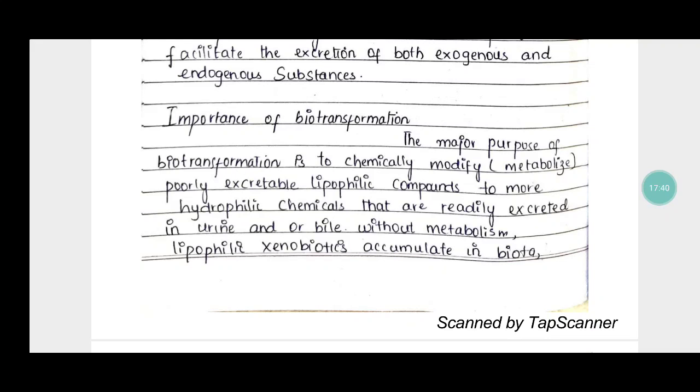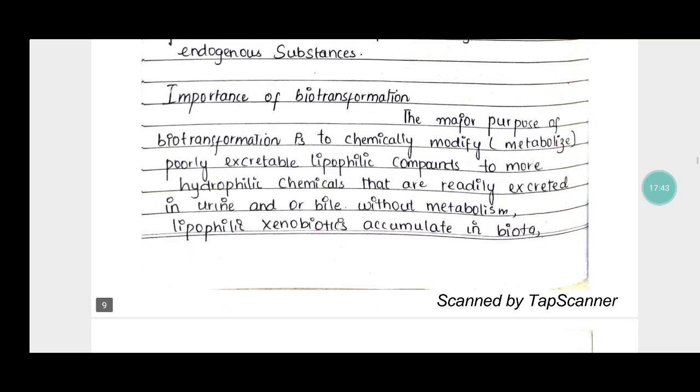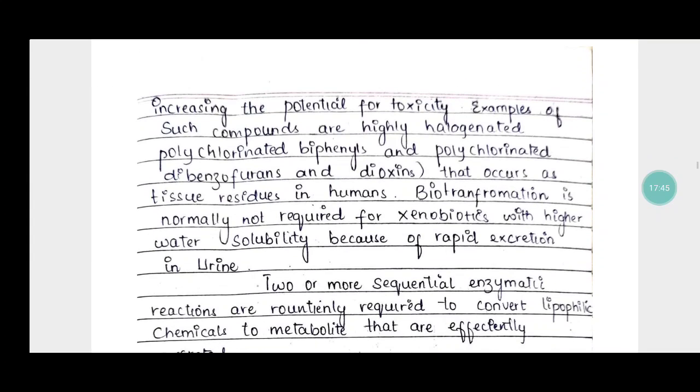Lipophilic xenobiotics accumulate in the biota, which increases the potential for toxicity. For example, such compounds are highly halogenated polychlorinated biphenyls, polychlorinated dibenzofurans and dioxins. These are some examples of highly halogenated compounds that occur and reside in tissues in humans.